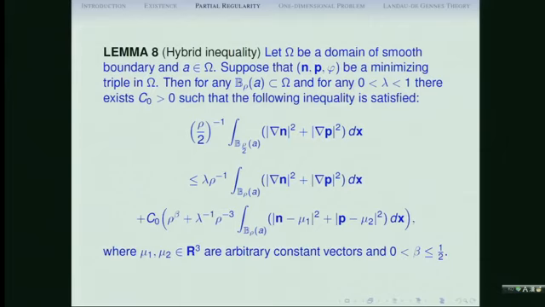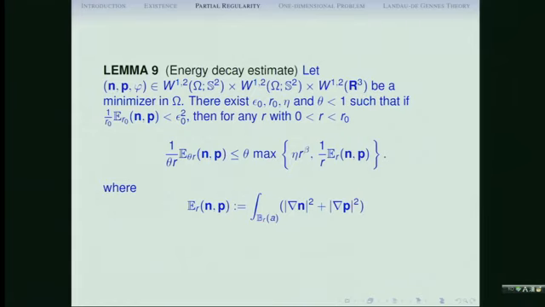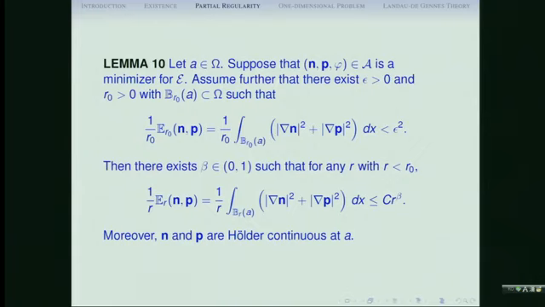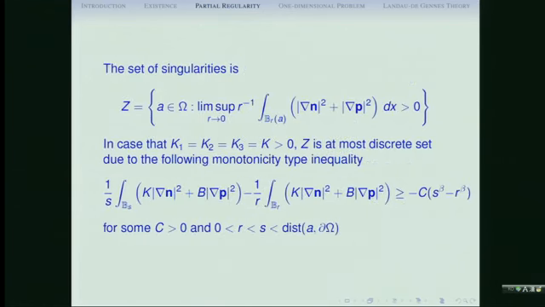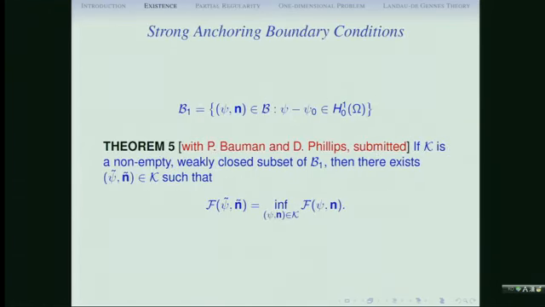So first step we showed this hybrid inequalities, and then we also need an energy decay estimate, and using this one you can obtain this inequality, and actually you can prove.